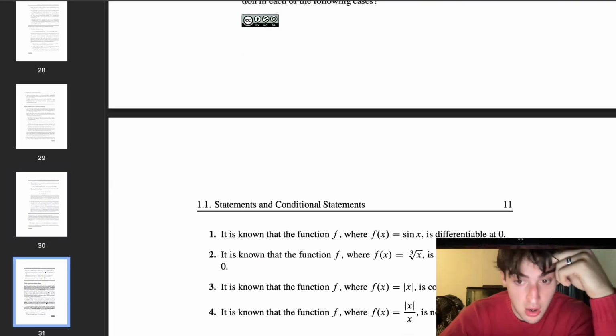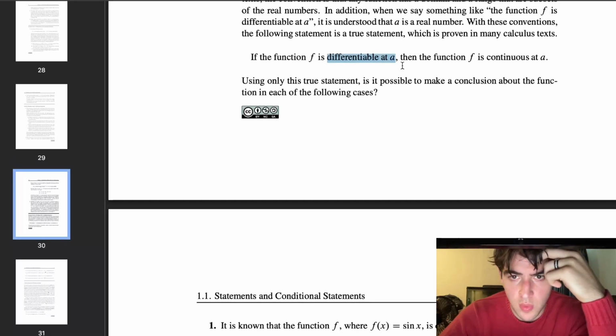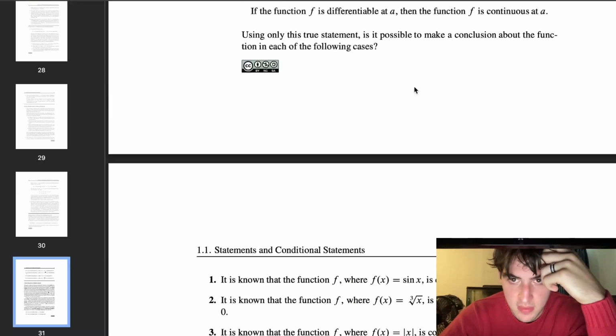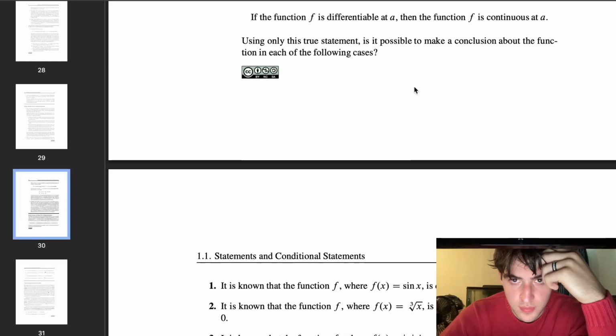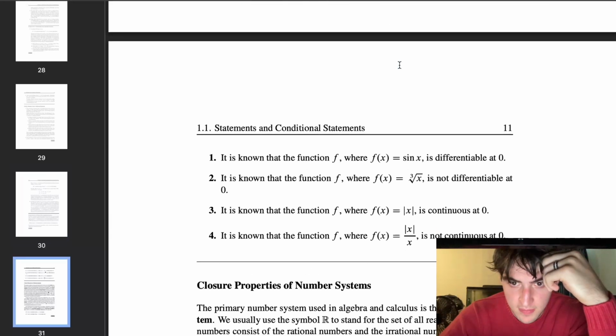I would say no, because the hypothesis doesn't make any conclusion about what happens when the function does not have a derivative at a. It only says what happens when the function is differentiable at a.